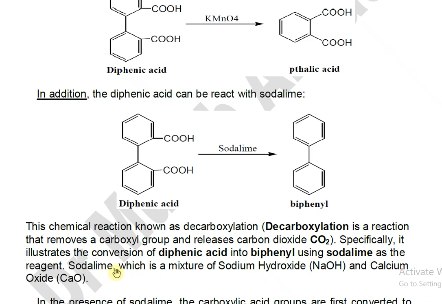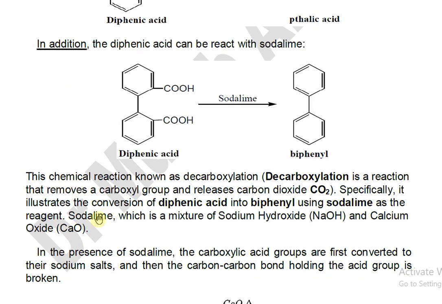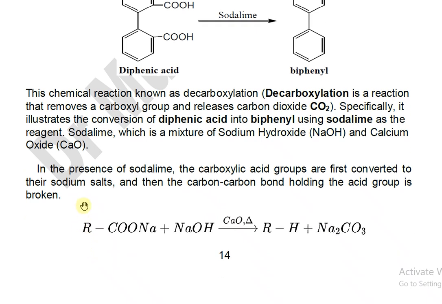And the soda lime, if you know, is a mixture of sodium hydroxide NaOH and calcium oxide CaO. Both of them mix together to give the soda lime. In the soda lime process, the carboxylic acid groups are first converted to their sodium salt, and then the carbon-carbon bond holding the acid group is broken down.